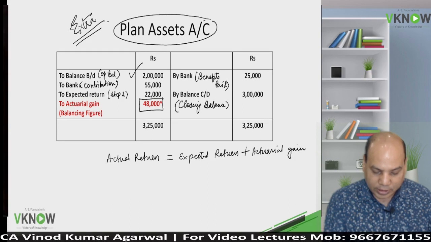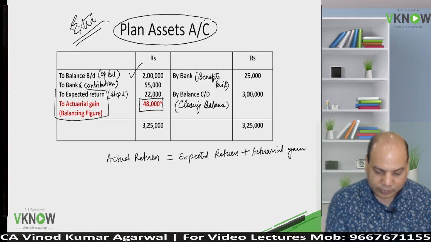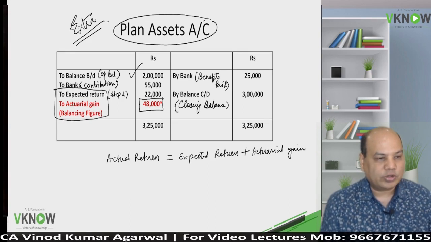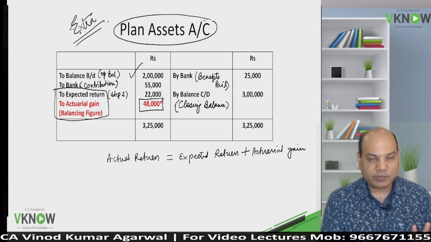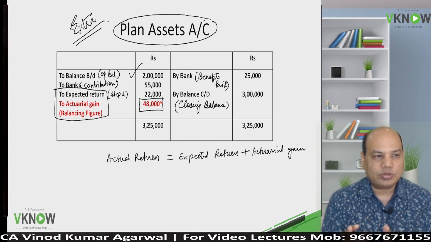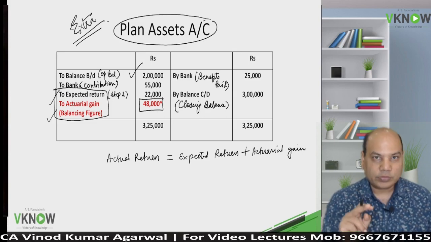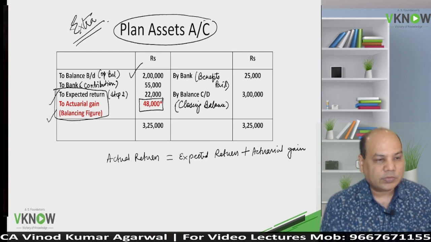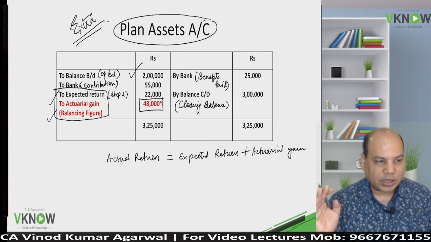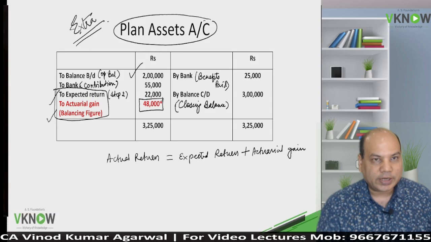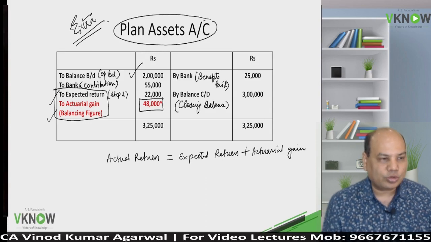So instead of writing actual return, this time I have written 2 items, because actual return is equal to expected return plus actuarial gain. In the previous problem they had only asked actual return, so the balancing figure will be actual return. But if you have written expected return also, then the balancing figure will be actuarial gain. And if the difference is coming on the credit side, that is called actuarial loss.